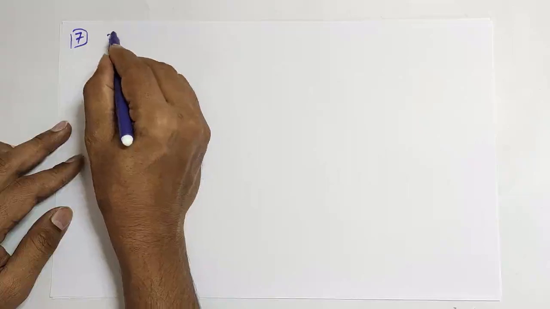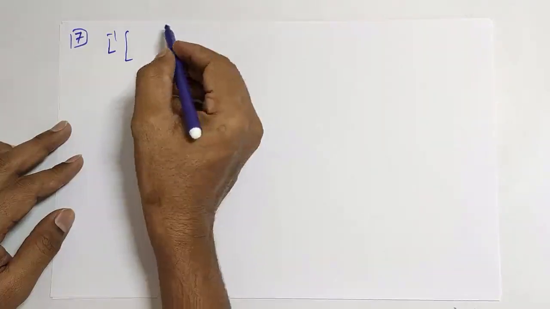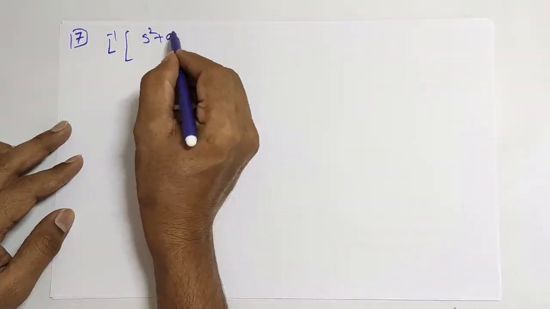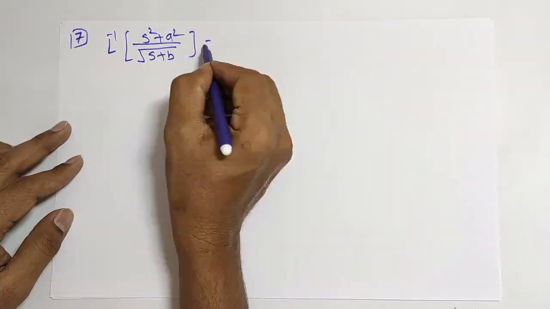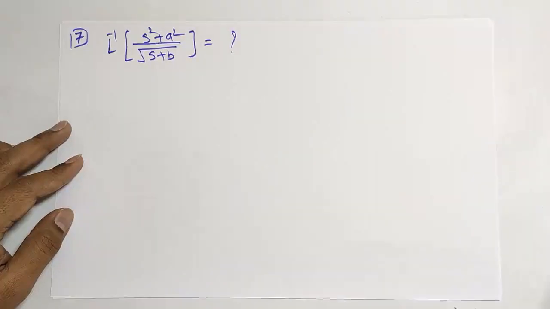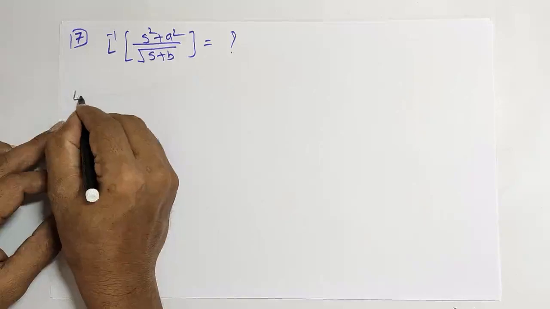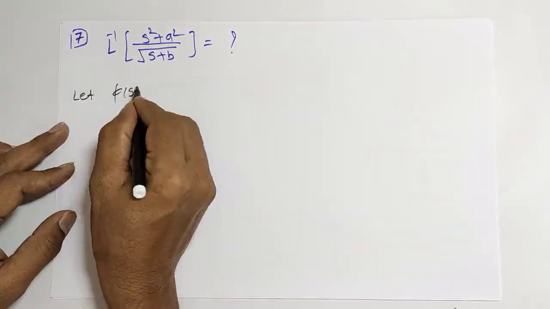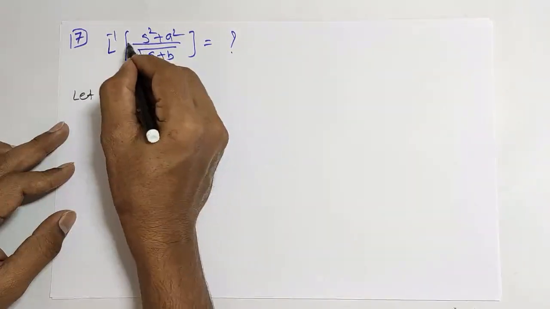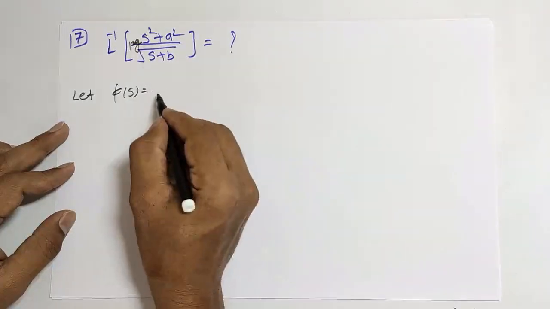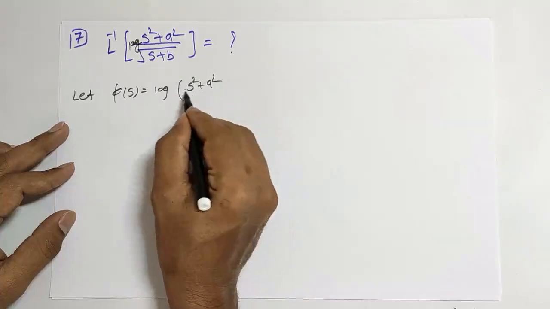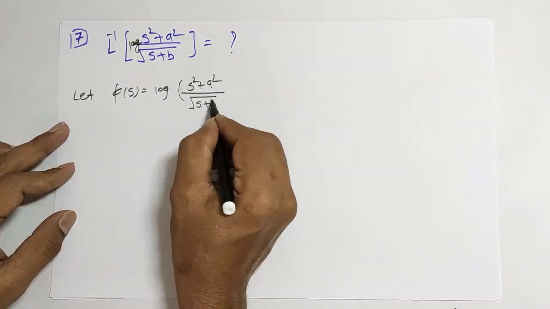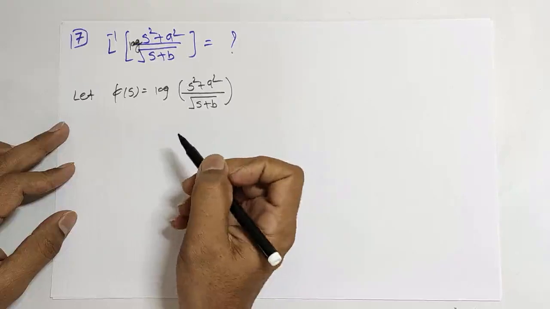Suppose we want L inverse of log of s square plus a square upon under root s plus b is there. Okay, इसका आंसर हमें निकालना है. Logarithm is there, same procedure. Let phi of s is equal to log of s square plus a square upon under root s plus b, right?